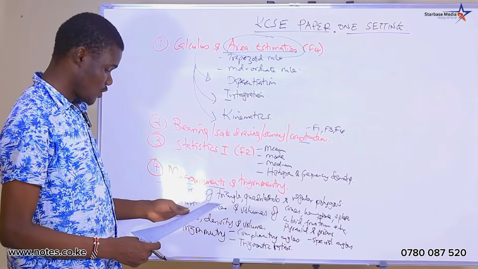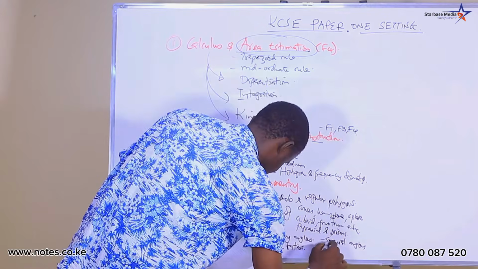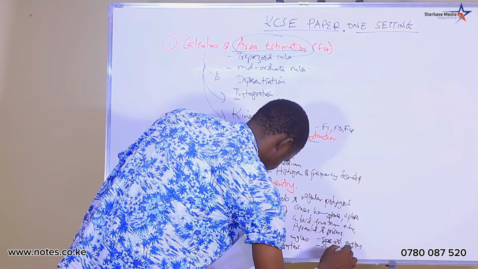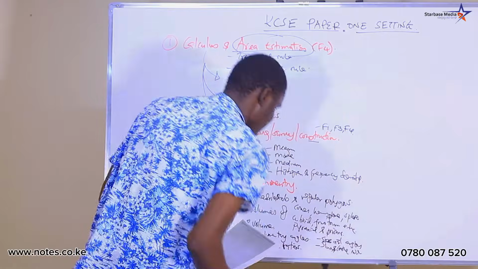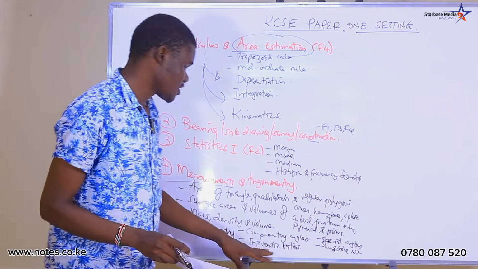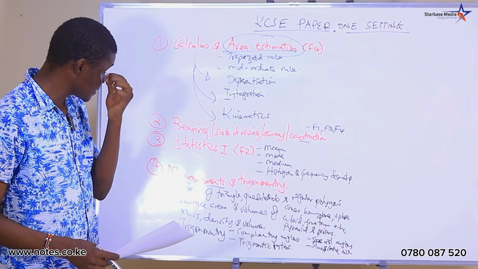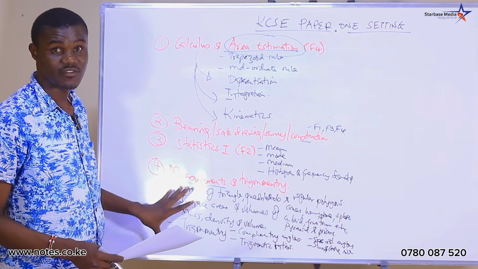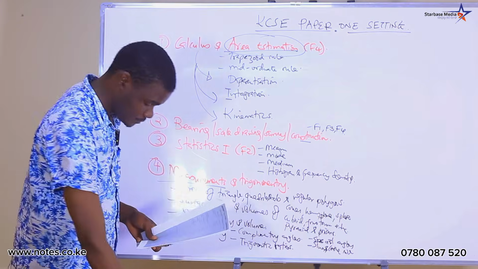And then you're going to talk about application of sine and cosine rule. And then you're also going to talk about the trigonometric ratios. So it is very important to understand that under measurements, you are also going to be tested on these areas that I've listed here. So we move to the next.